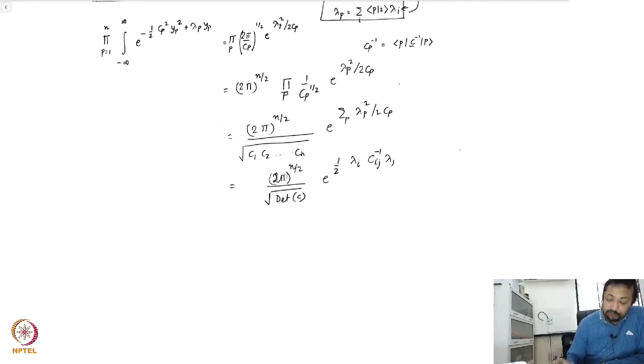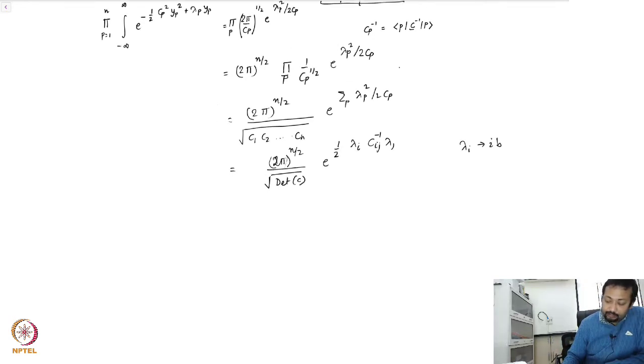But note that we have lambda i as i times b. So in our case, we will have a factor minus in front, but we will worry about that when we actually write down that integral.